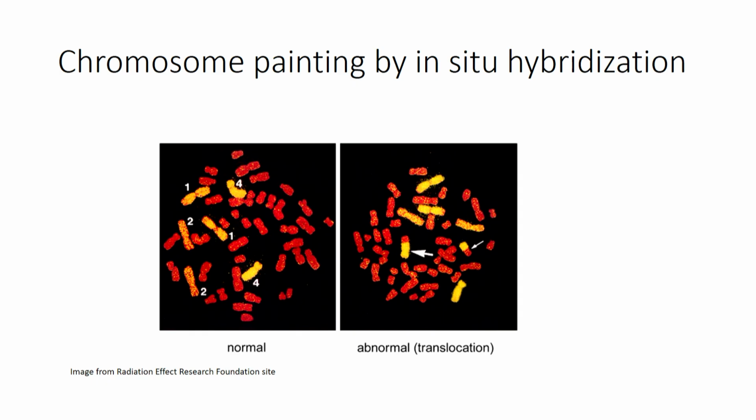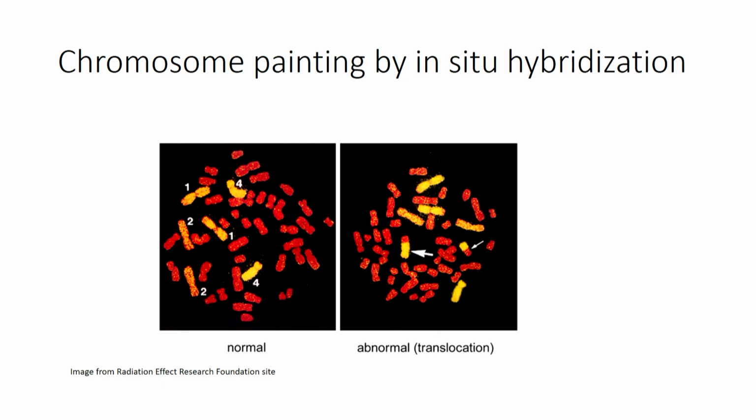In this also, if you see, this one is the normal chromosome. You can see chromosome number 1, it is like this. In the other one also, you have chromosome 1 like here. Chromosome 2 looks like this, chromosome 2 looks like this. So this is chromosome 2, this is chromosome 2. Chromosome 4 is like this. So here chromosome 4 has an anomaly.